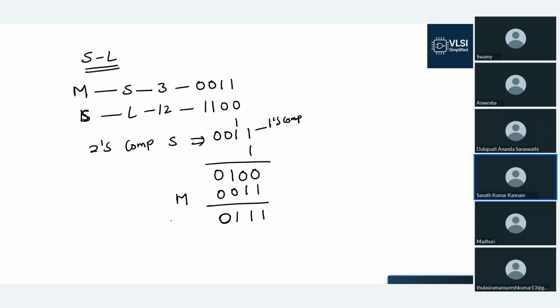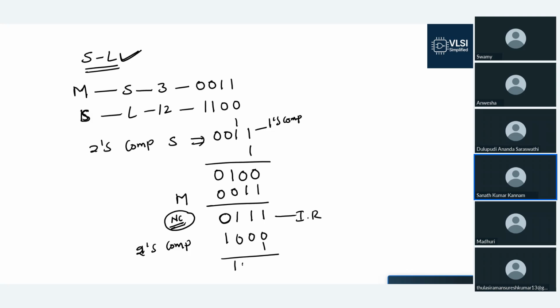So no carry. If there is no carry, understand that you are doing S minus L, the value is negative, and this is the intermediate result. This is not my actual result. Again, you need to apply the 2's complement. So that means 1000, adding 1 to this.